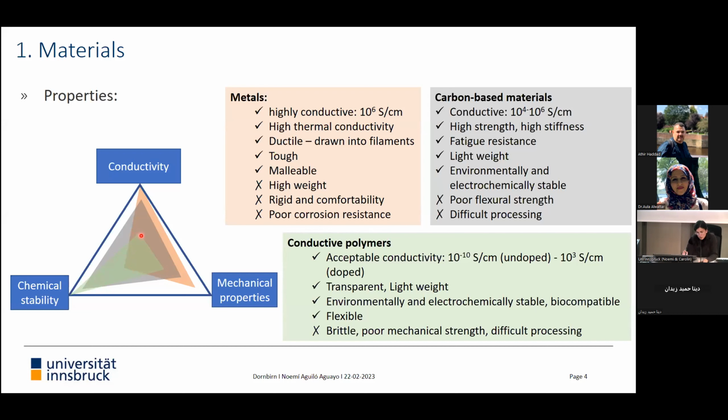When they are doped, the conductivity is increased. They are transparent and lightweight. This is very interesting. And the chemical stability is also very interesting. They are electrochemically stable, and they are also biocompatible. This also opens new uses for these conductive polymers. They are also flexible.